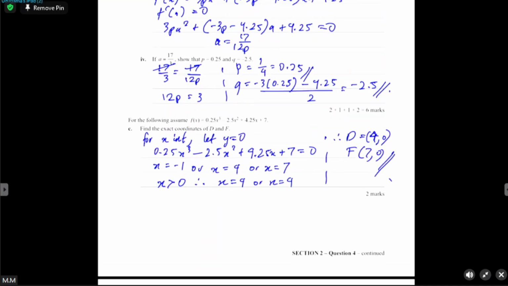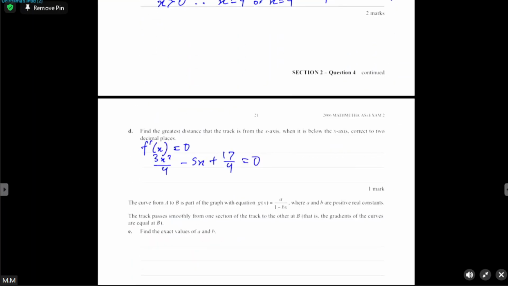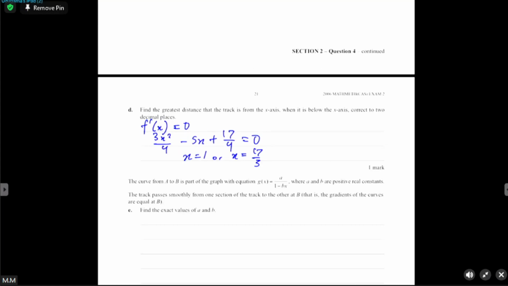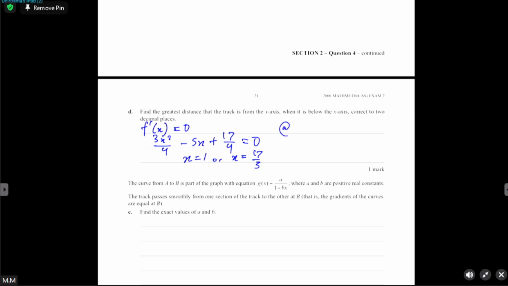This is still using that same f here. You get x is equal to 1, or x is equal to 17 on 3. We're looking for x is equal to 17 on 3 here. So f(17 on 3) is equal to minus 3.70. So that means the distance is just 3.70.